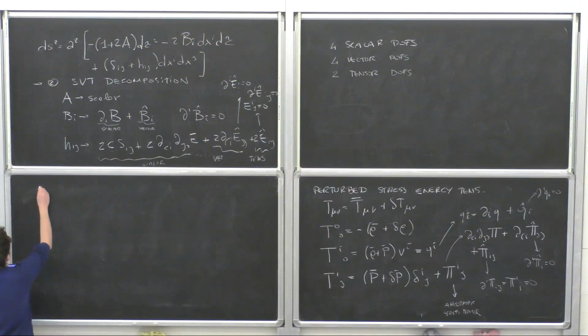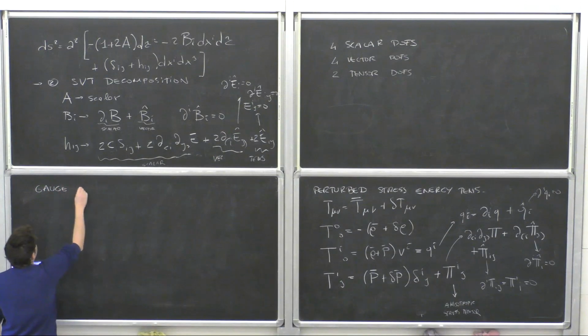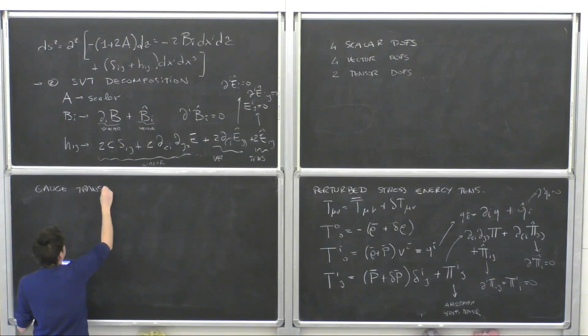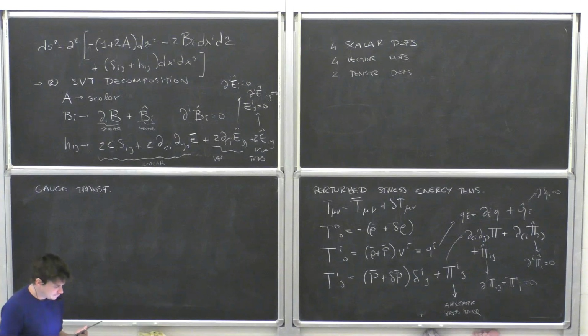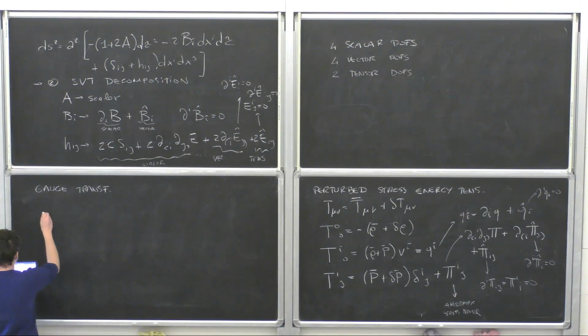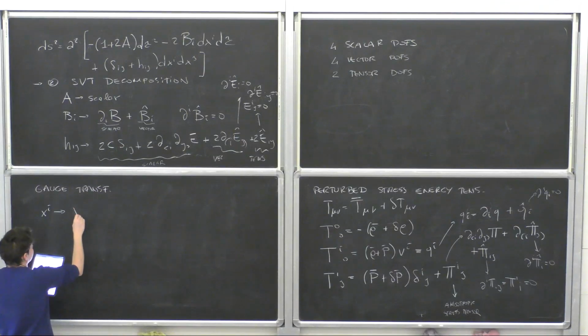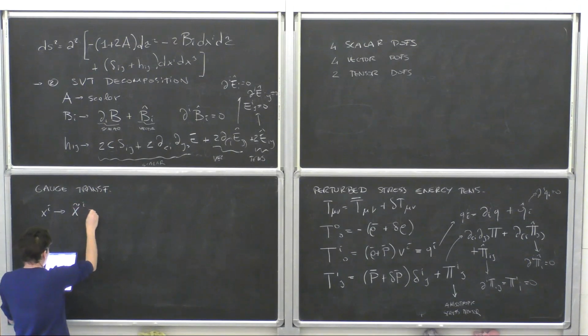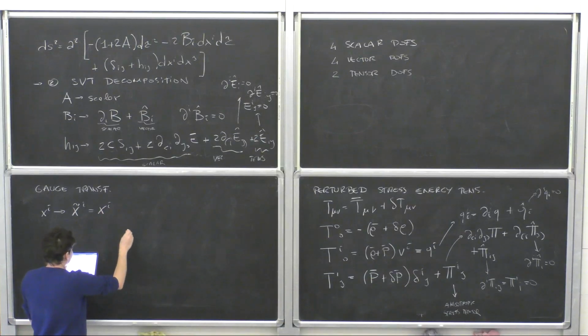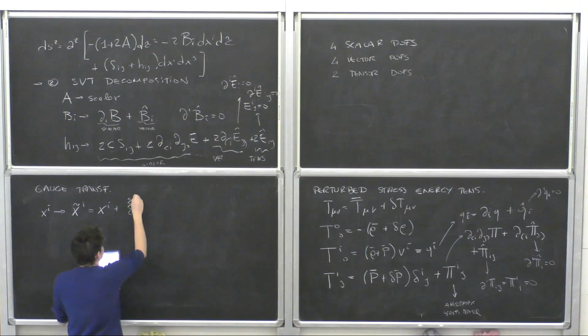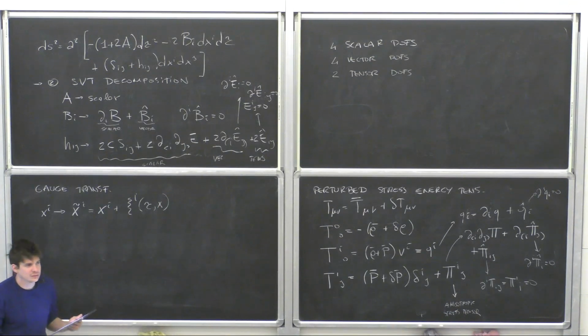So let's do a first example. The best way to understand gauge transformations, I think, is the following. Let's take as an example this coordinate transformation. We take spatial coordinates and we transform to some other reference frame by some function, right? Clearly, I can always do this, okay?